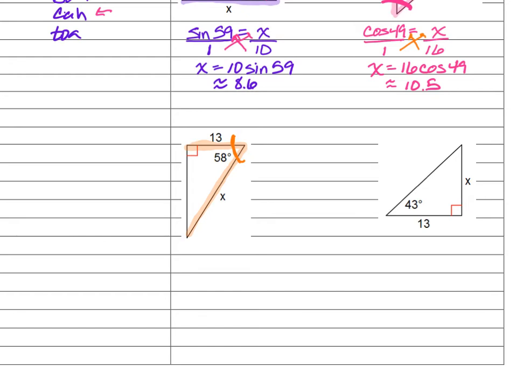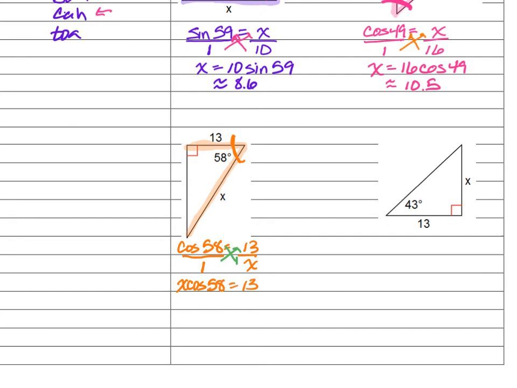So cosine of 58 is going to equal adjacent, so that's 13 over x. And then make it into a fraction. Okay, cross multiply. So I've got x times the cosine of 58 equals 13.